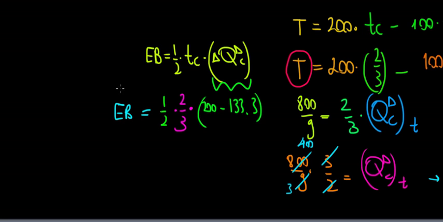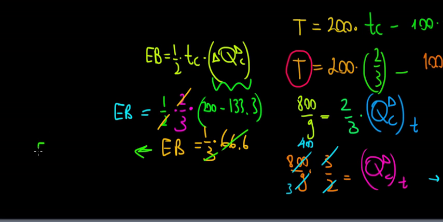So we cancel out the 2's. 200 minus 133.3, that's equal to 66.6, and then multiplied with 1 over 3, that's equal to the excess burden. 66.6 divided by 3, that's equal to 22.2, meaning that the excess burden is equal to 22.2 euros worth of loss in efficiency, so to speak.